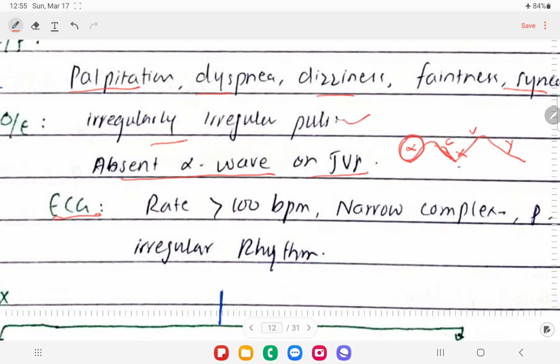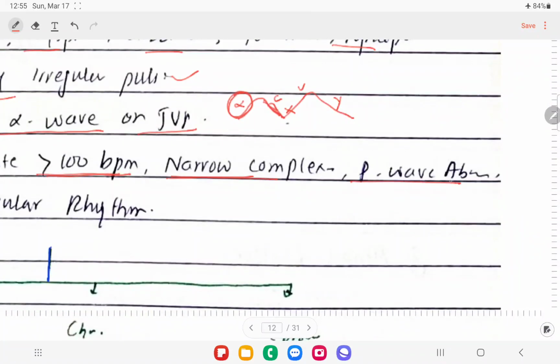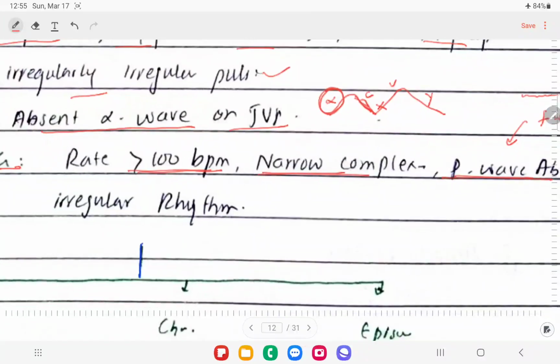If we get the ECG done, the heart rate will be more than 100 beats per minute, the complexes will be narrow, and the P wave will be absent. Instead we might get F waves. These are fibrillatory waves like this, and this is called F waves.